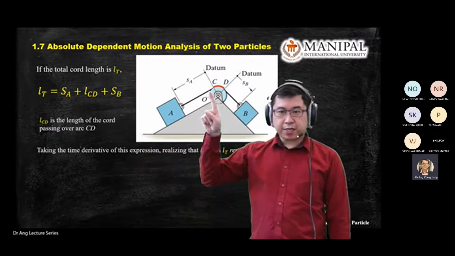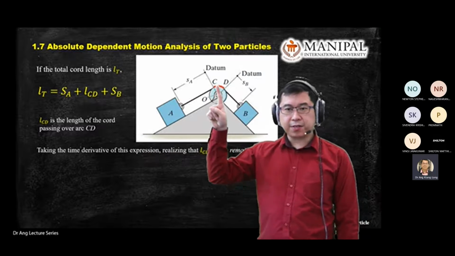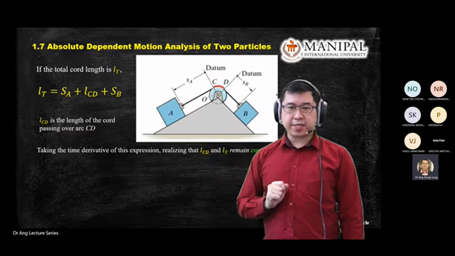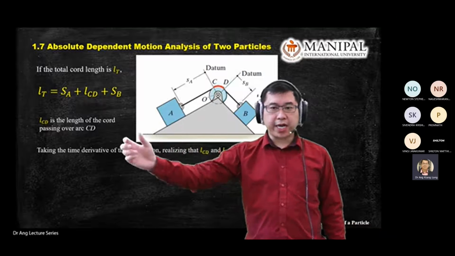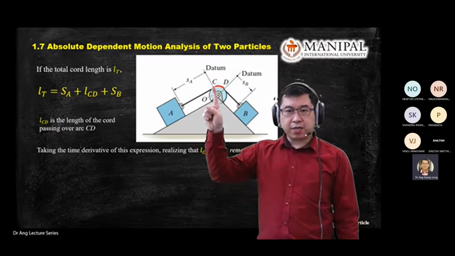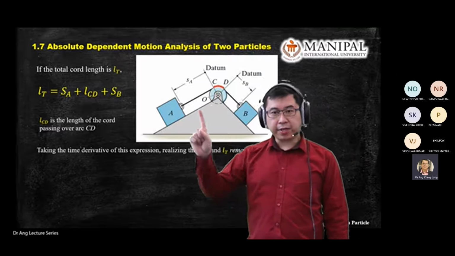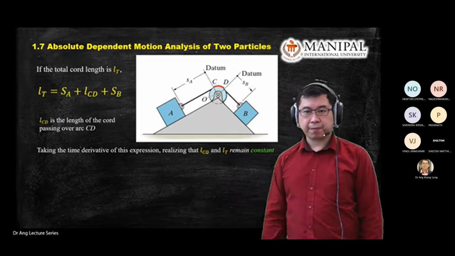Another one is the contact surface, or the length of CD, which is always the same. No matter how you pull A or pull B, the length of CD is always the same. The contact area on the pulley is always the same.